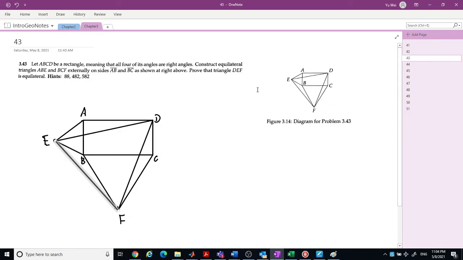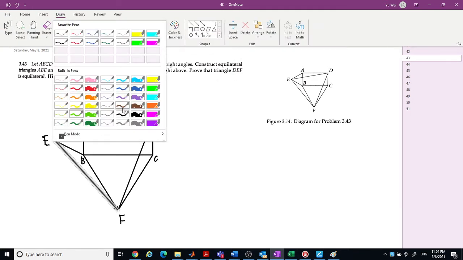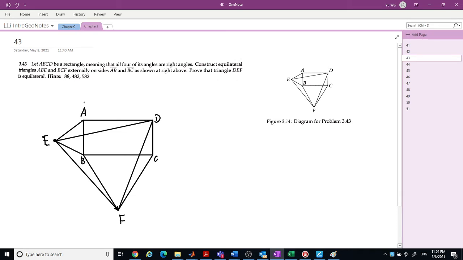Again I have to draw the picture first. ABCD is a rectangle. Then you construct erected triangles.